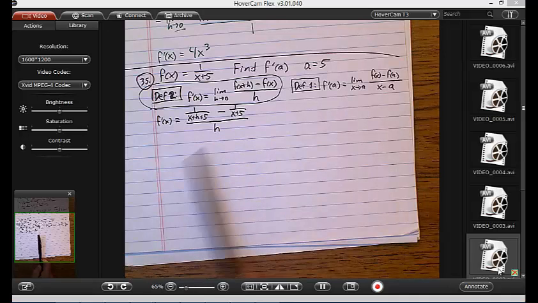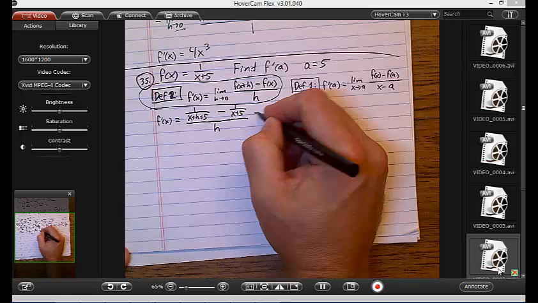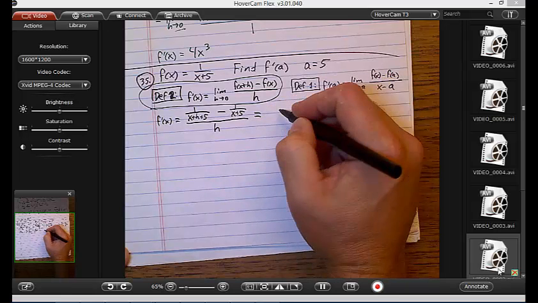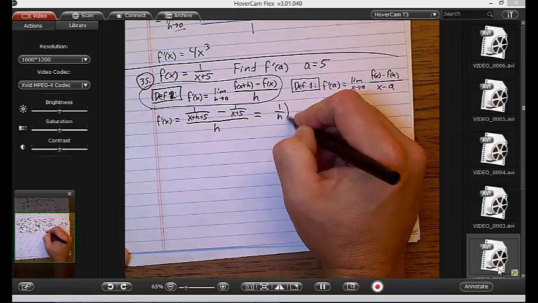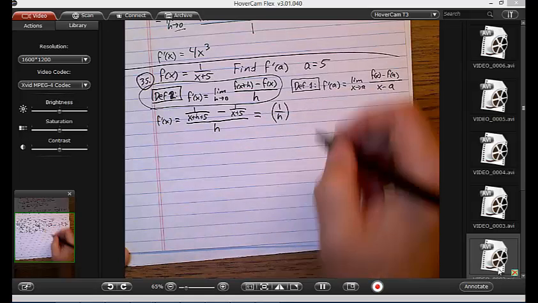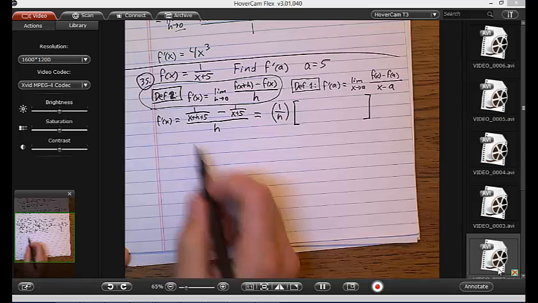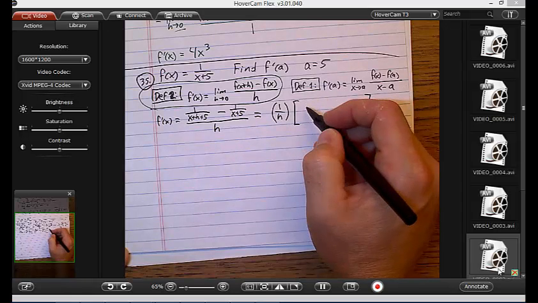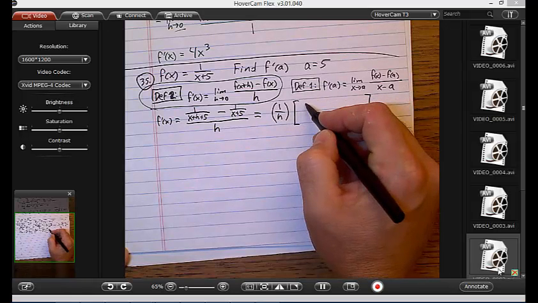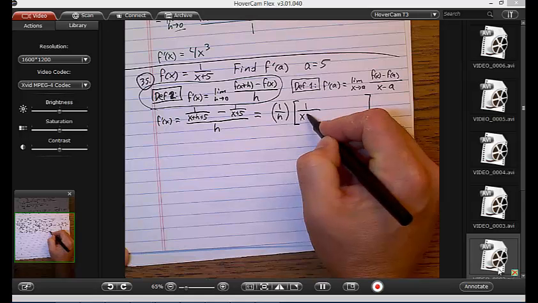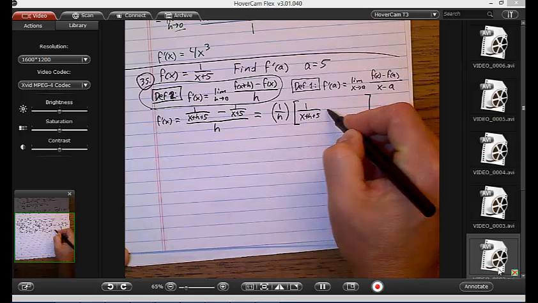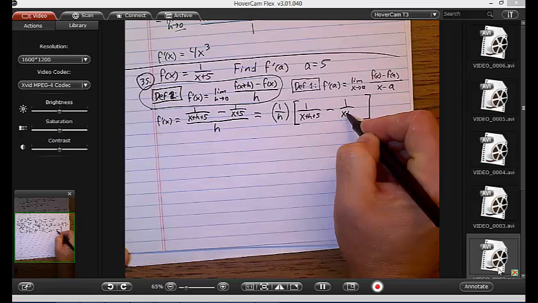So dividing by h is exactly the same as multiplying by 1 over h. And so they're going to write the 1 over h in front. And then they put these brackets, and then they just say 1 over x plus h plus 5 minus 1 over x plus 5.